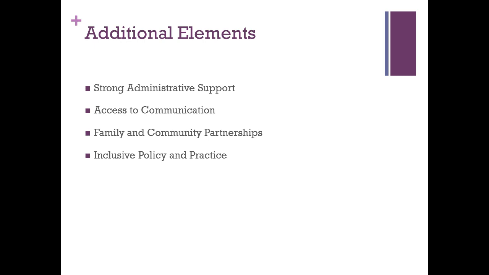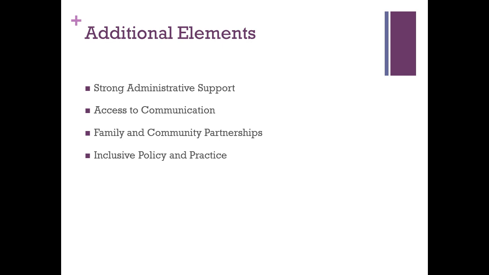I'm going to very briefly cover some additional elements of inclusive schooling that folks may be interested in delving a little bit more into in future classes. The first is strong administrative support. In order to have a sustainable inclusive school, it's important that the administrator supports inclusive education. The next is access to communication.